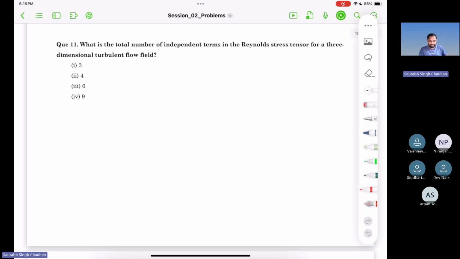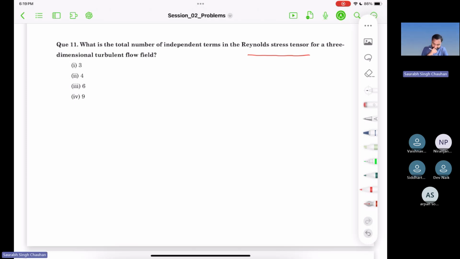Now question number 11 says, what is the total number of independent terms in the Reynolds stress tensor for a three-dimensional turbulent flow field? Six.